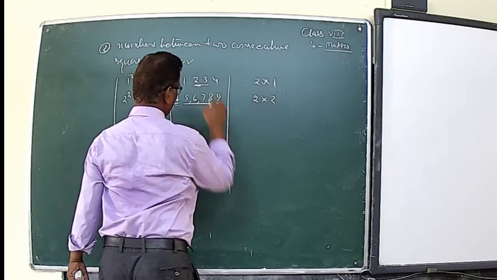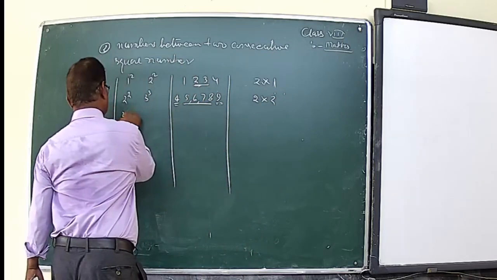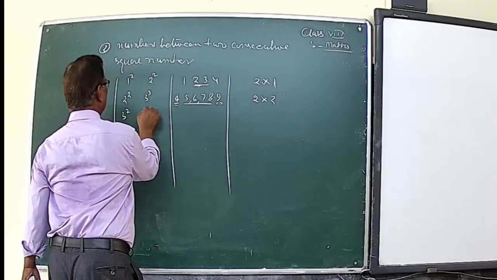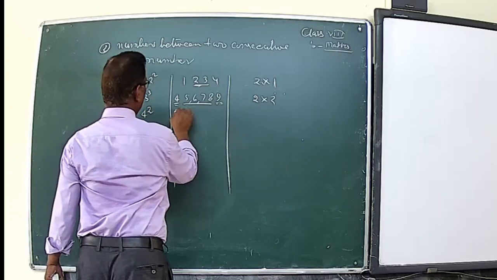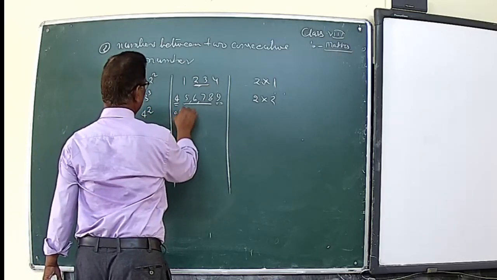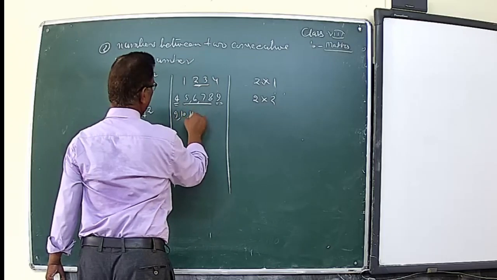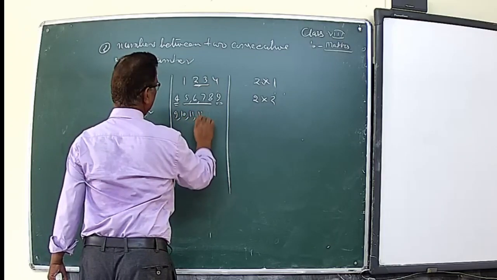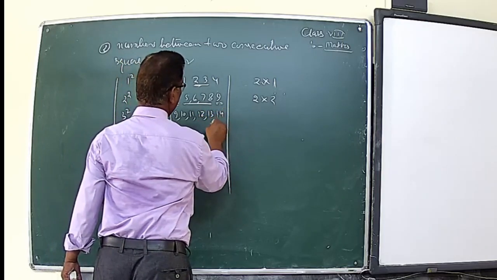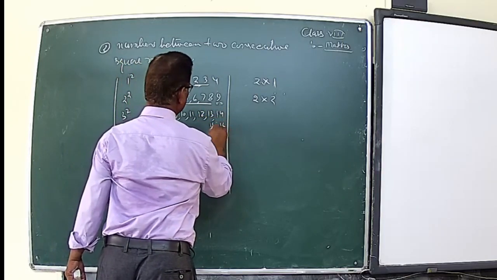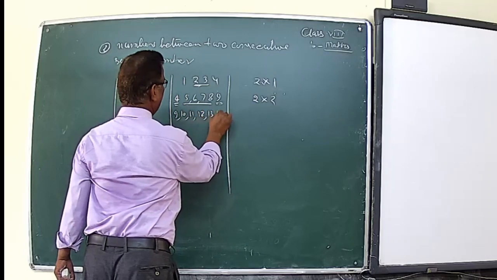Similarly between 3 squared and 4 squared: 9, 10, 11, 12, 13, 14, 15, and then 16. That is 6 numbers, 2 into 3.